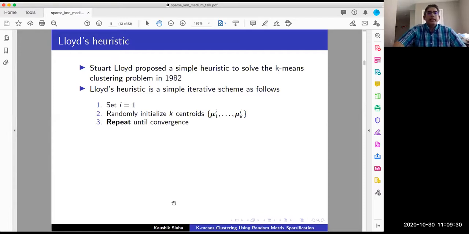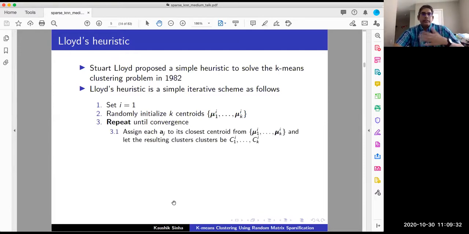It's a repeat-until-convergence kind of algorithm, which is the standard iterative approach. Once we have guessed some initial cluster centers, we assign each data point to the closest cluster center, and that gives rise to the different clusters, because we know which data points are assigned to which clusters.